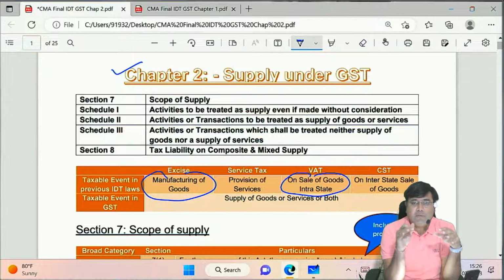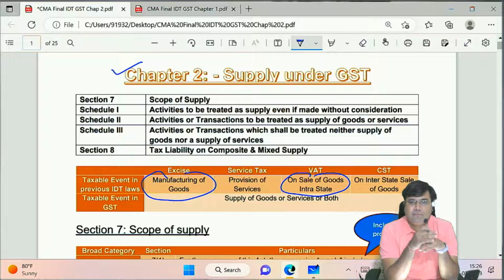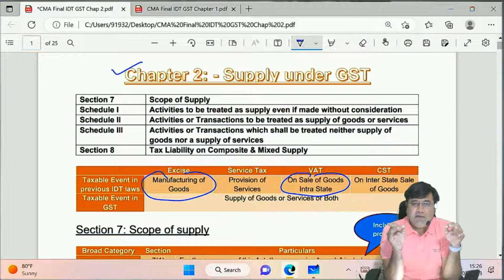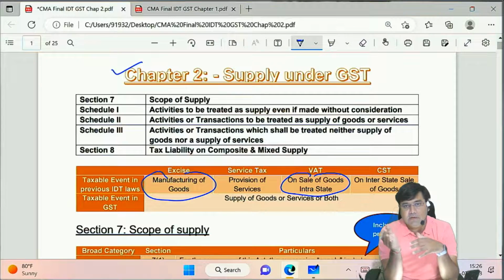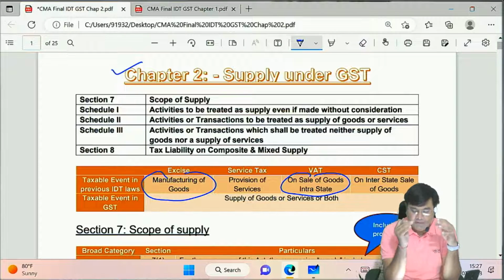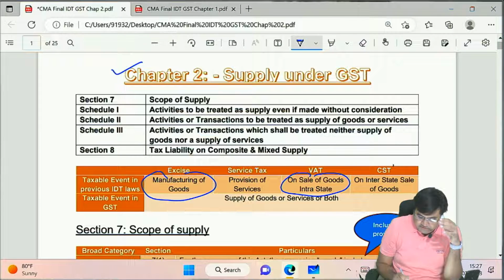So in case of a transaction in Tamil Nadu, seller is in Tamil Nadu, buyer is in Tamil Nadu, then which VAT law is going to be triggered? Tamil Nadu VAT. So what is the taxable event in VAT? Sale of goods, intrastate. In case it is interstate, from one state to another state, from one union territory to another union territory, then it is going to be subject to CST.